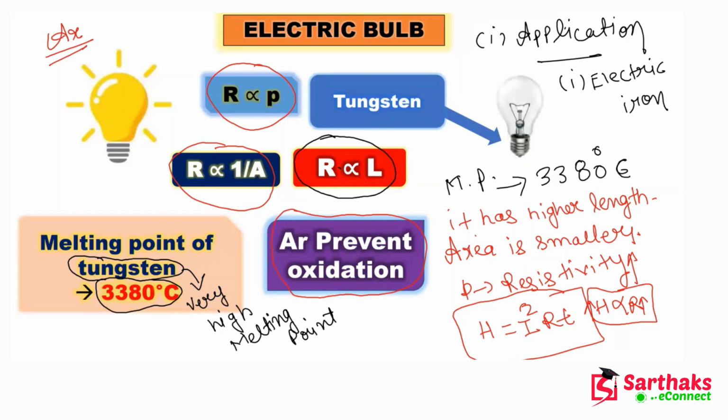The answer is that argon is an inactive gas, which means it doesn't react with anything easily. So to prevent the tungsten from reacting with oxygen from outside, we fill it with argon. I hope guys you get this point.